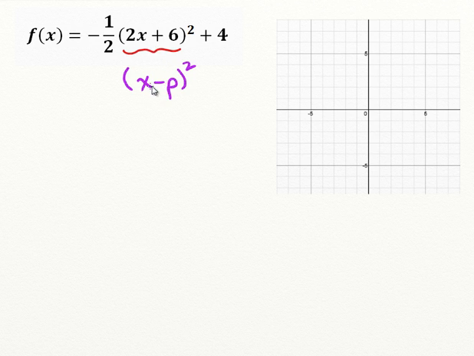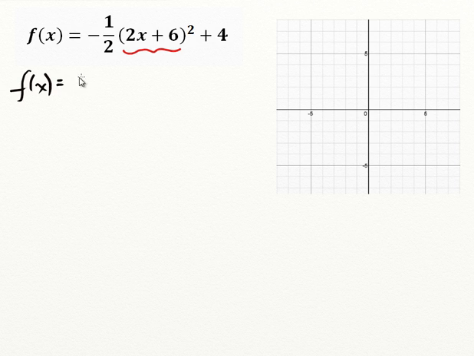But if I look at this function here, I clearly don't see that. There's a problem because we've got this value of 2 associated with the x. It's being multiplied in there. So the first thing I'm going to do is manipulate the equation a little bit to get that x all by itself, and we're just going to factor out that 2.